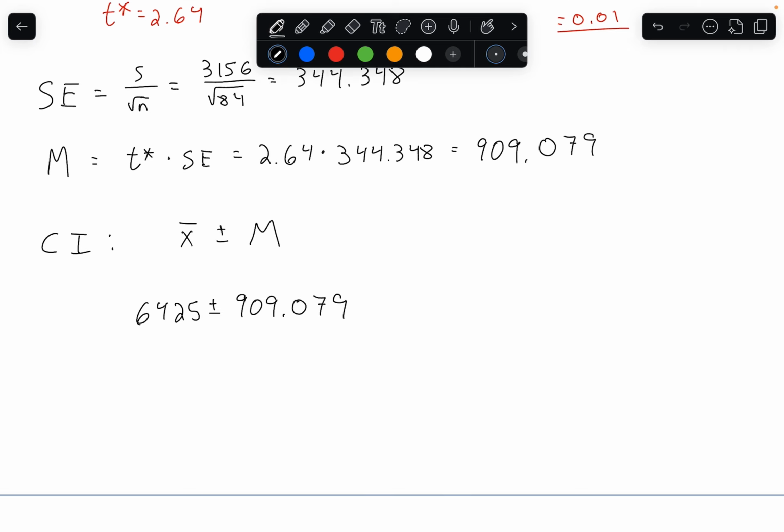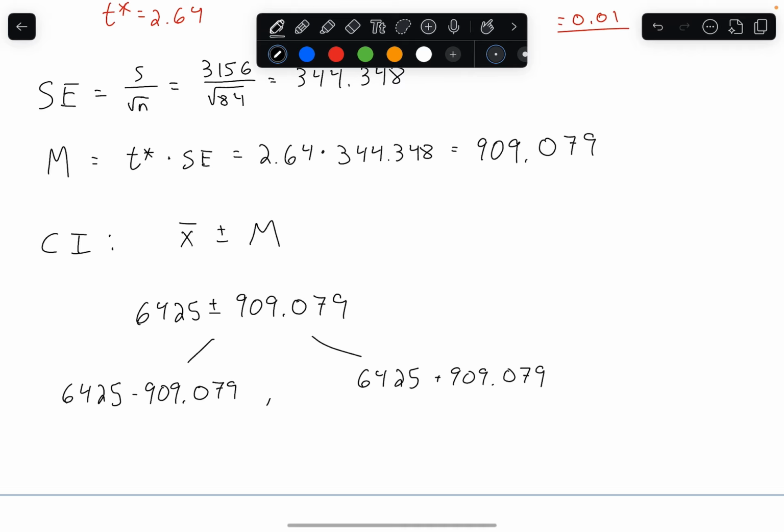So I really have 2 numbers here. Remember, I'm adding this and I'm subtracting this. So this really says 6,425 minus 909.079. And then for my upper bound, $6,425 plus 909.079. So let me grab my calculator real quick. Minus 909.079.